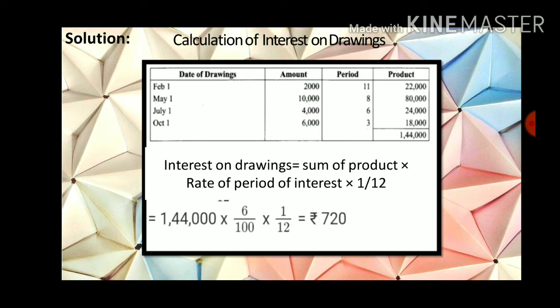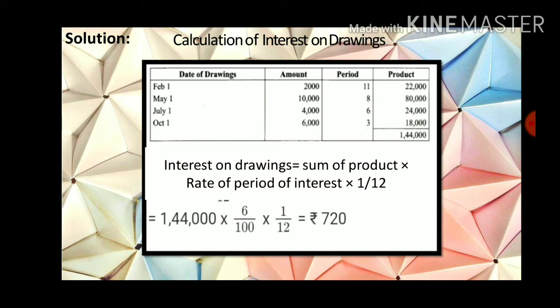Look, first February 1st amount is 2000. So February to December, how many months? 11 months. So 2000 into 11 product totally 22,000. Then May 1st: he withdrew on May 1st, and the closing of our accounts is 31st December.